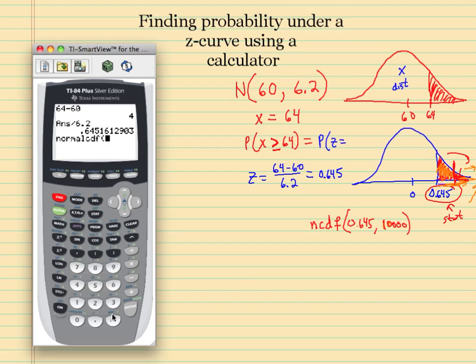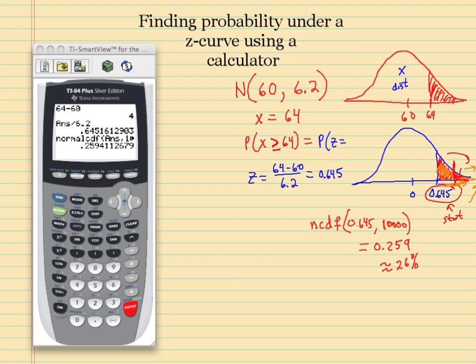If I hit second, answer, that puts 0.645161293 down here. That's my start, and I want to end it at just a big number, something very, very large. Hit enter, and this is going to equal 0.259. So about 26% of the x's will fall above 64.